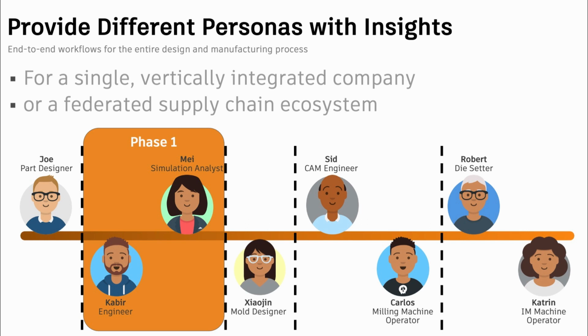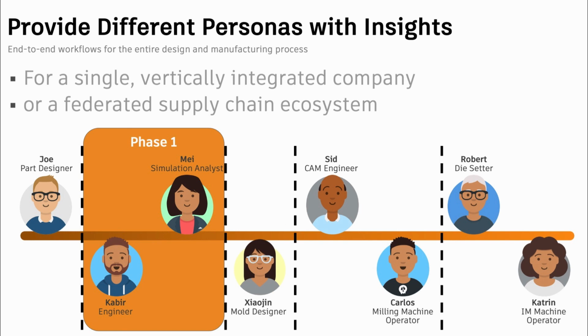So if everybody works with the same data and is informed when changes are made and can consume those changes in a very easy way, that would be a huge benefit in terms of avoiding errors and avoiding disconnects.